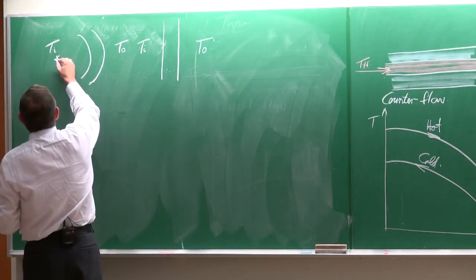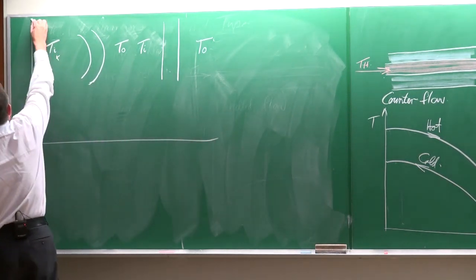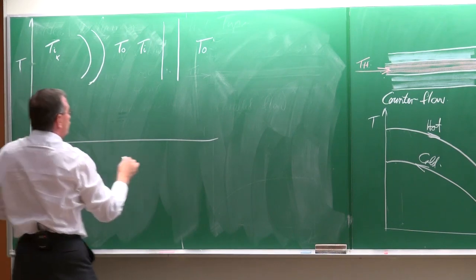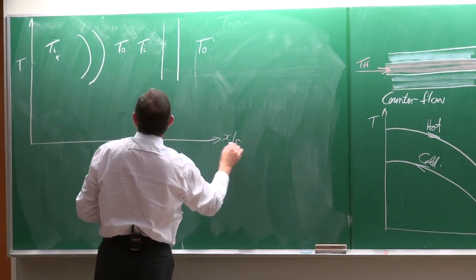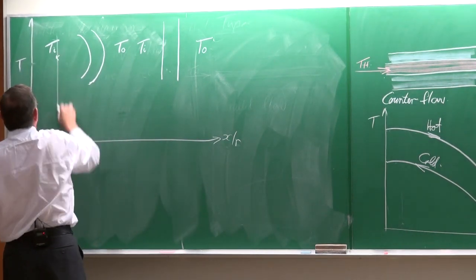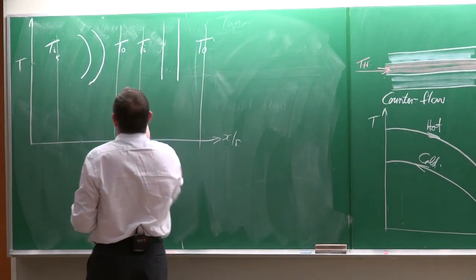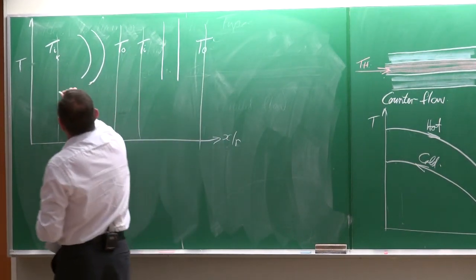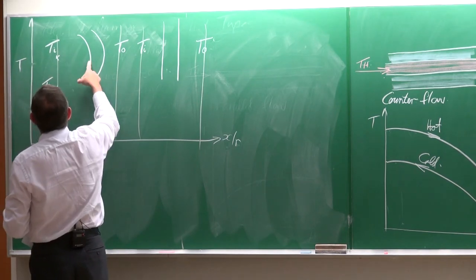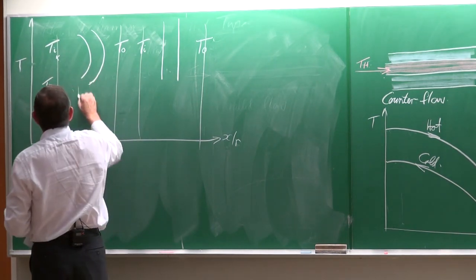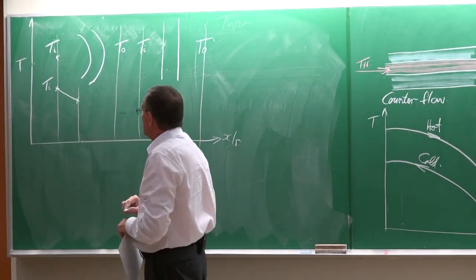What we will see is that if we go and plot the temperature as a function of X or R, let's first do it for this one. If that is the temperature on the inside, and if we go and measure the temperature there, it is going to be lower. So typically, that is what's going to happen with the temperature.